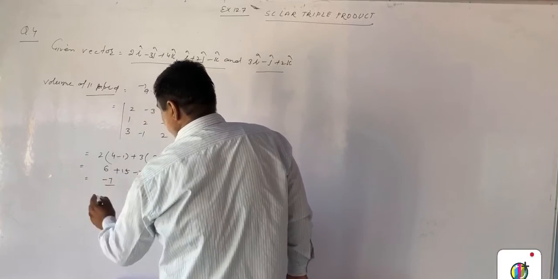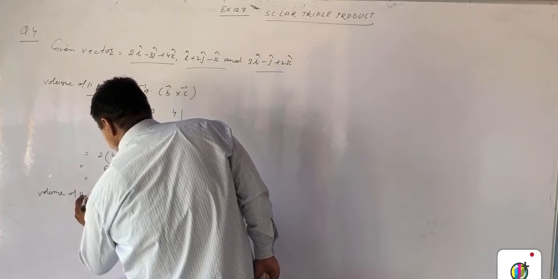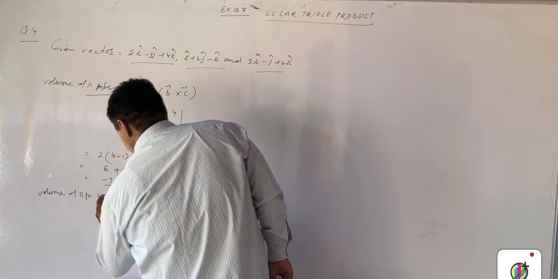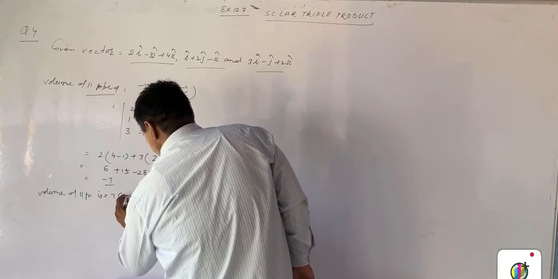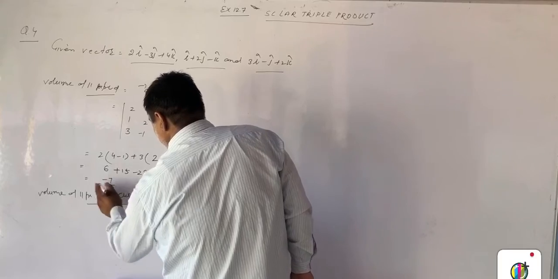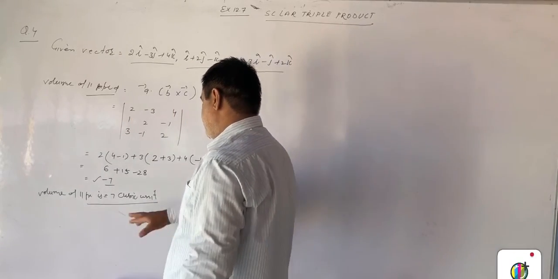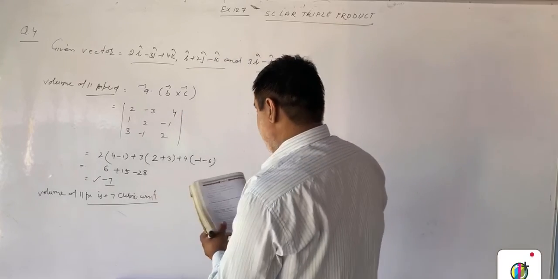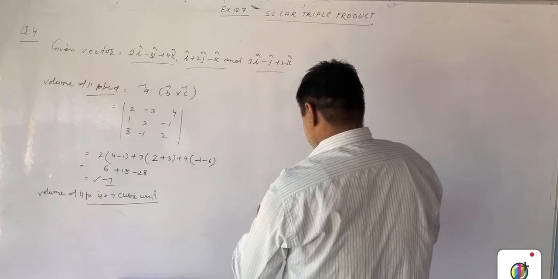Now the volume of the parallelepiped is 7 cubic units. The volume of any object is never negative, so we write 7 cubic units. The second and third parts of these questions are the same.